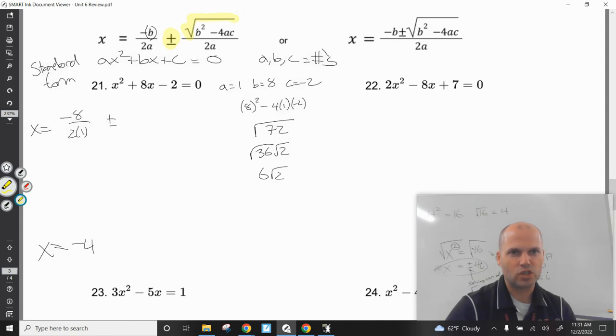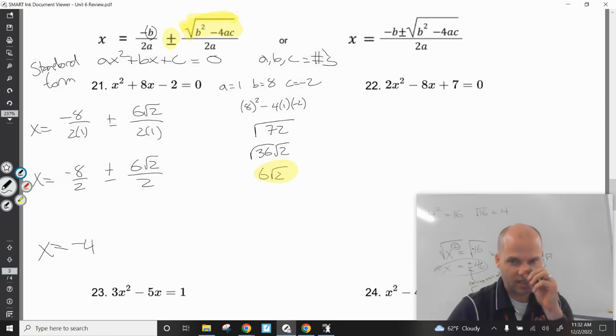I literally just worked with this over here, and I got that. That's the top part of my fraction. Do that first, because then you can simplify. Like you did 8 divided by negative 2 and got negative 4, you can do 6 root 2 divided by 2. Let's pretend the root 2 is not there.